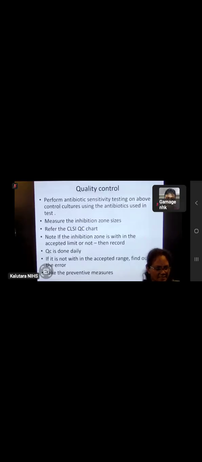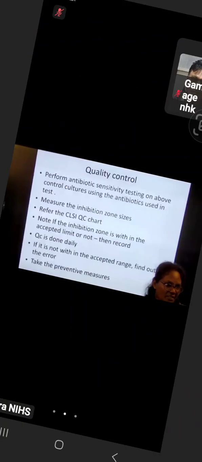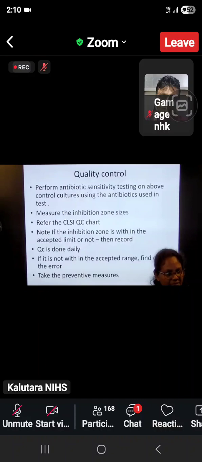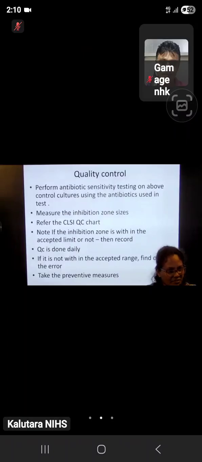Perform antibiotic sensitivity testing on the above control cultures using the antibiotics used in the test. That means, for example, to do the antibiotic sensitivity testing for Shigella, you use ciprofloxacin, nalidixic acid, and ampicillin. Suppose you use these three antibiotics for the Shigella that you have isolated from the stool culture.